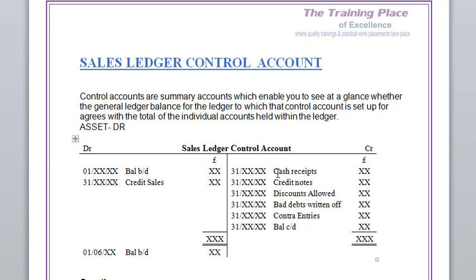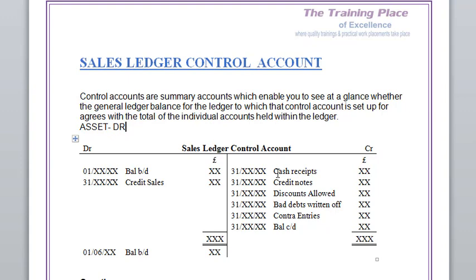Then you also have contra entries. Contra entries imply that if you buy from me and I sell to you, or vice versa, in my books you are a customer and you are a supplier. That then means that if we sell to each other, and maybe I owe you some money and you owe me some money, we can say, let's knock off the lower amount. I owe you £60, you owe me £30.